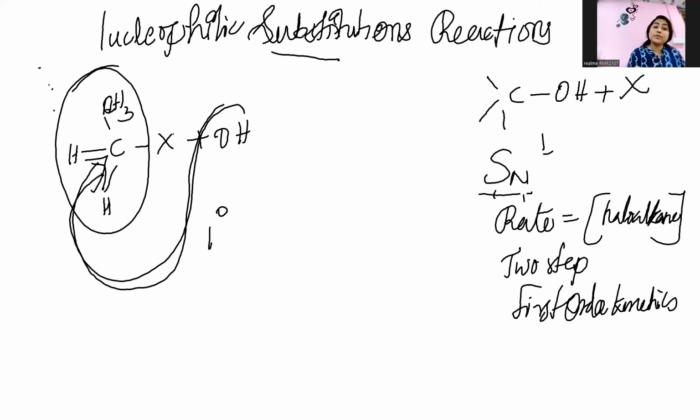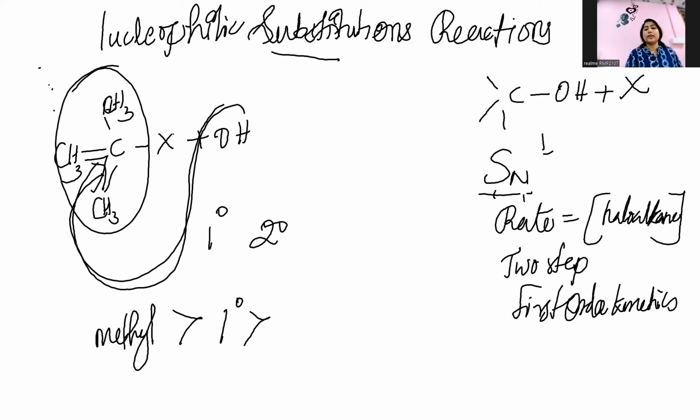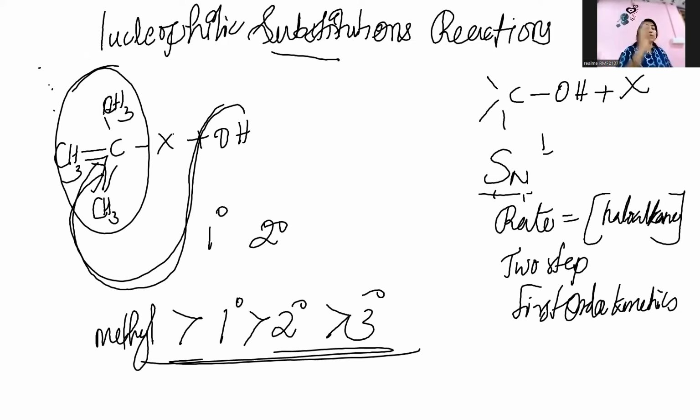When another is substituted, it becomes secondary, and the steric effect increases. Then for tertiary, another methyl group comes, so it becomes very difficult for the nucleophile to come to that position. So the order of reactivity is methyl halides first, then primary, then secondary, and finally tertiary. This is the order of reactivity for nucleophilic substitution SN2 reactions.